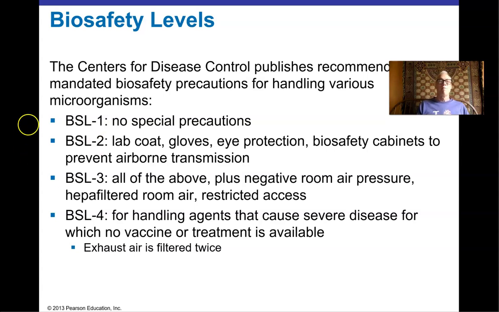So biosafety level 1 is no special precautions needed. Biosafety level 2 is by far the most common, and it means that you're going to use personal protective equipment, PPEs, such as a lab coat and gloves, eye protection, and you're going to work inside of a biosafety cabinet so that all of the microbes you're working with are trapped inside this cabinet and not freely going out into the room.